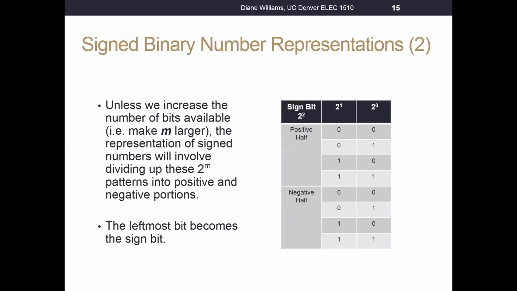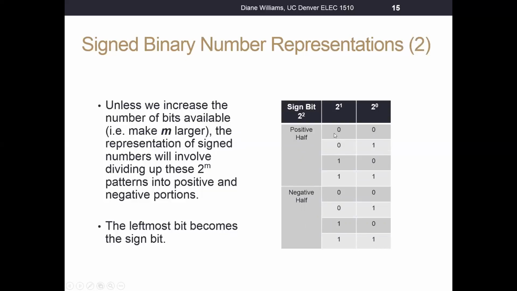So if we take that table that we just had, and now we take the most significant bit and treat that as a sign bit. We'll do that in all of these schemes. Our most significant, our leftmost bit, will be the sign bit. So now we've removed this one bit here. We're left with just 2 to the m minus 1, in this case 2 squared unique patterns. Because we split this table in half, let's look at this.